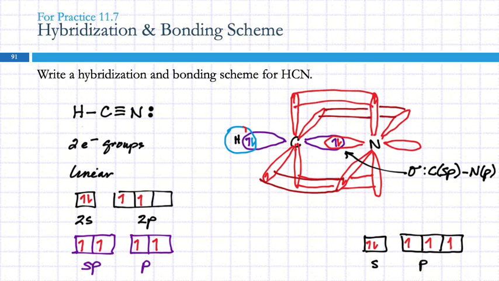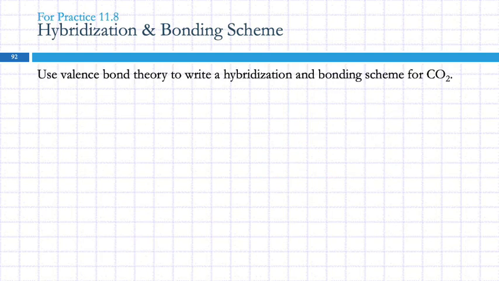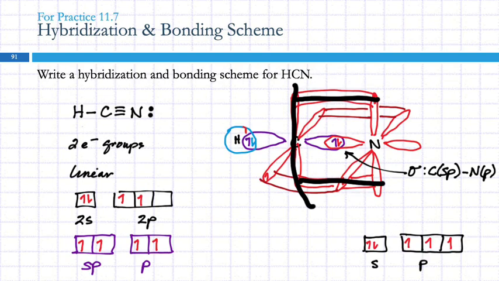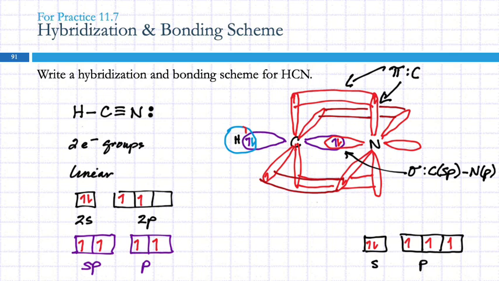Now this one up here, that's the pi, right? So if you look at it from the side, it kind of looks like the symbol pi. It's got legs, right? So this one up here and this one here, those are going to be the same. Those are pi bonds, and they are also between carbon and nitrogen.